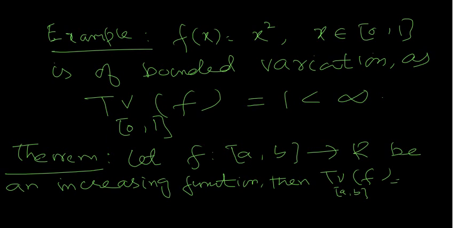In fact, it's equal to f of b minus f of a, and that's finite, and hence f is of bounded variation. So every monotonic increasing function is of bounded variation. That's an example, because its total variation is equal to f of b minus f of a. f of b is a finite number, f of a is a finite number, the difference is finite. It's always a finite number.